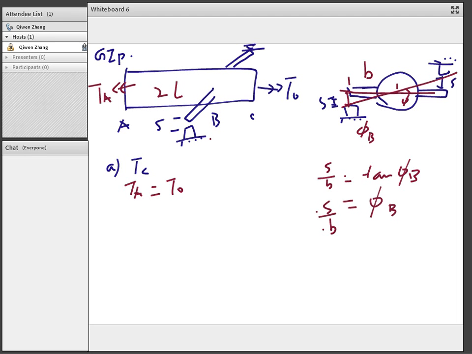Let's just call it T, and let's call this F, this is B, so the torque is just F times B, and there are two of them, so 2FB.